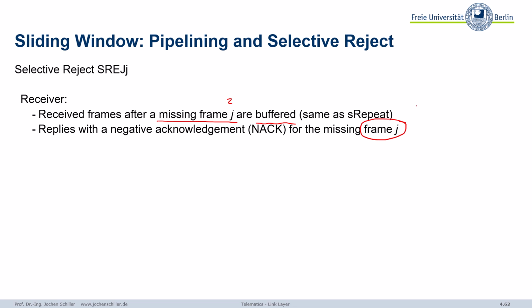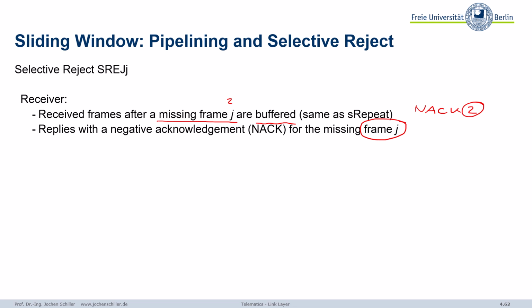So in our case, I could say, well, if I count the right way, 0, 1, 2 should be the next one. But you sent me 3, 4, 5. Hey, I'm still waiting for 2. That's one way of doing it. And then the sender says, okay, I've sent 2 already, but obviously it didn't reach the receiver.